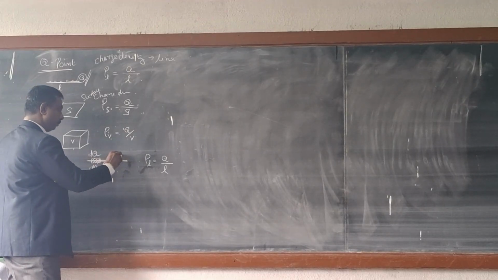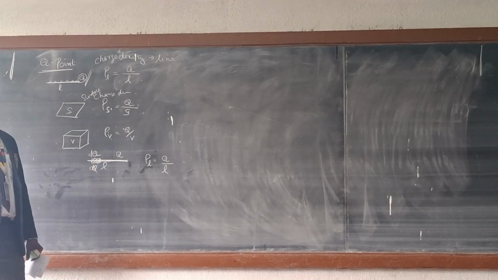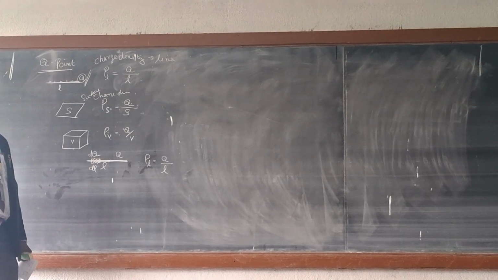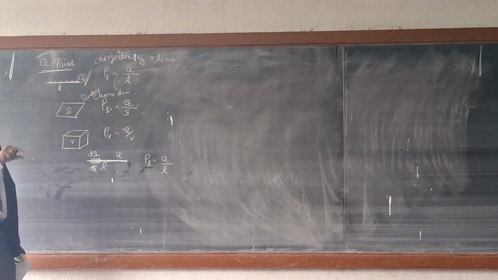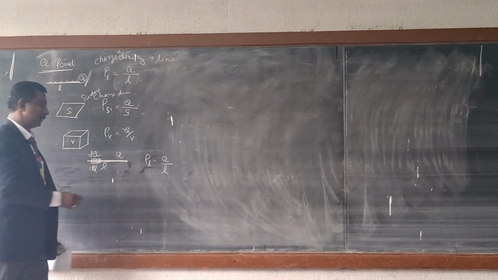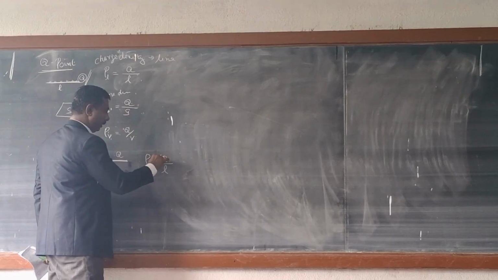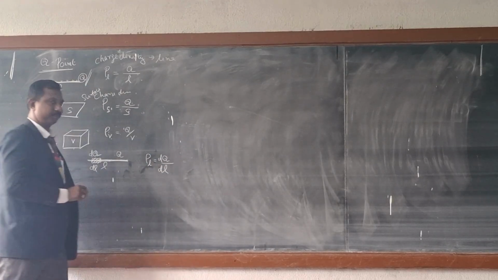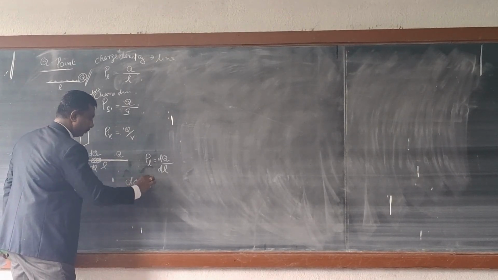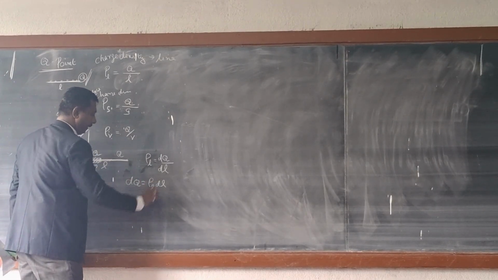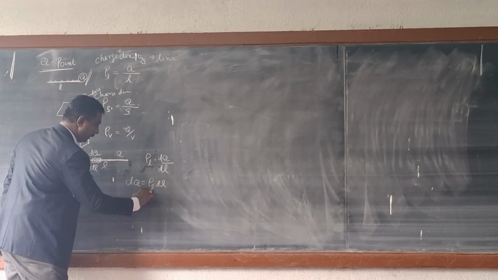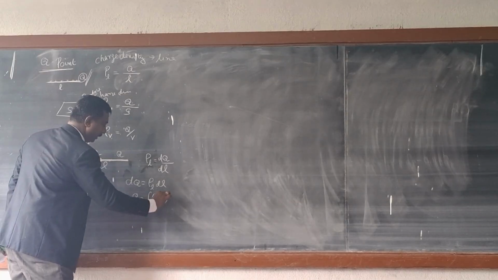So the equation becomes rho L equals dq divided by dl. If you multiply, dq is equal to rho L into dl. What is Q? Q is nothing but the integral of rho L dl.